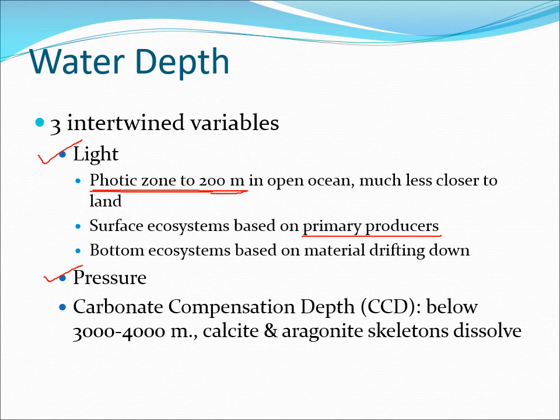Now, bottom ecosystems are based on material drifting down. So the bottom part of the ocean is based mainly on a few things. That means the ocean water circulation from the cold polar water and the drifted material from the land to the bottom part.